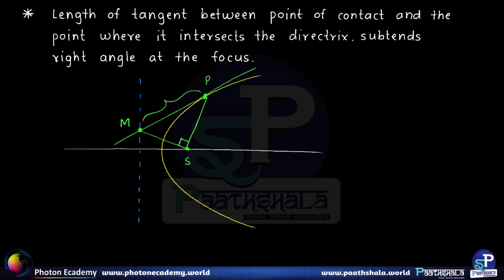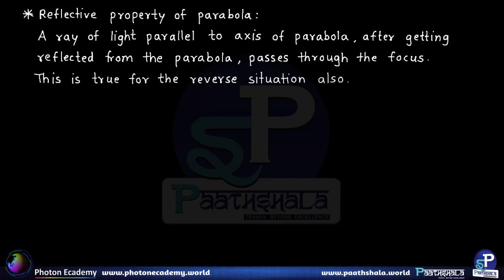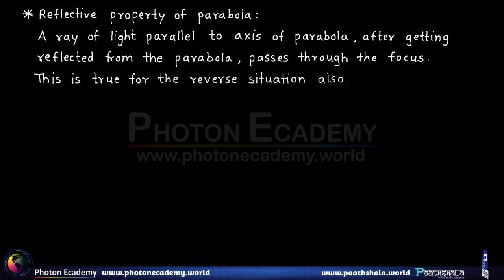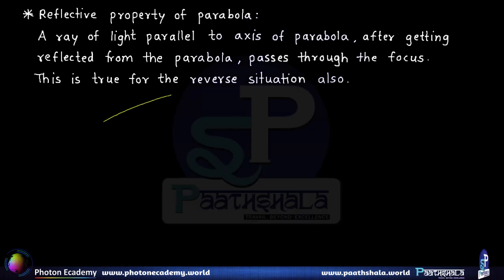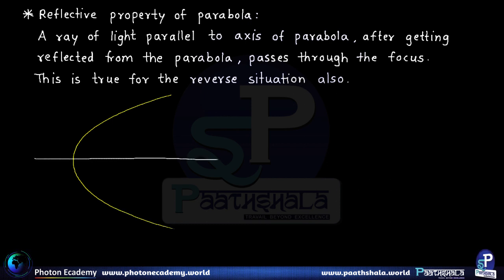Moving ahead to the last property, that is a very important and interesting property, the reflective property of parabola. It says that a ray of light parallel to the axis of the parabola, after getting reflected from the parabola, passes through the focus. And this is true for the reverse situation also. So let us imagine that we have a parabola, and this is the axis of the parabola.